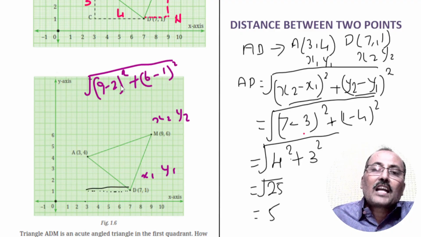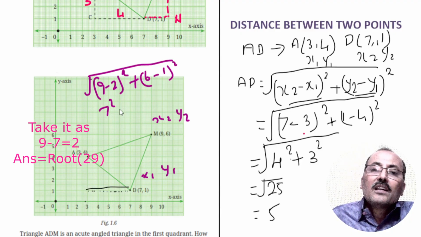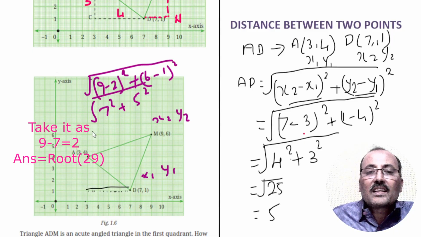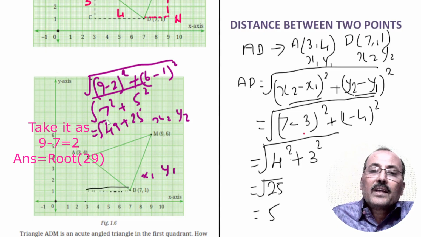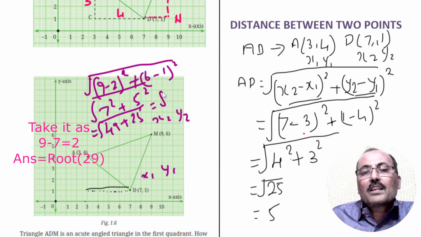That is nothing but 9 minus 2 is 7 square, plus 6 minus 1 is 5 square. Square root of this, 7 square is 49, plus 25, that is 74. So it is nothing but square root of 74. We don't have a square root for this one.